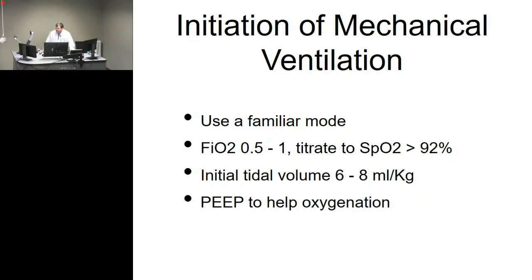So we always set to ideal body weight. And probably one of the things that stuck with me more than anything was your lungs don't get fat. They always stay the same size, unless you're growing. But we're not kids, so we don't have to worry about that. So, always ideal body weight.